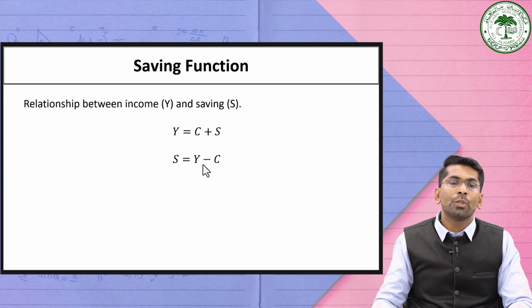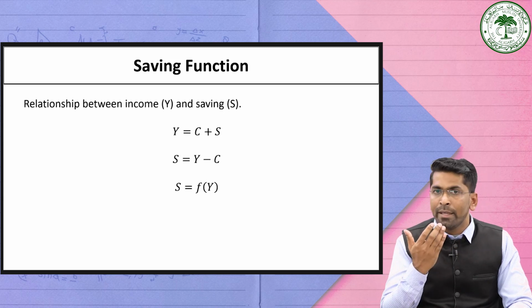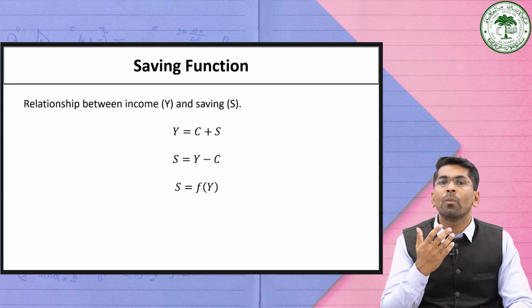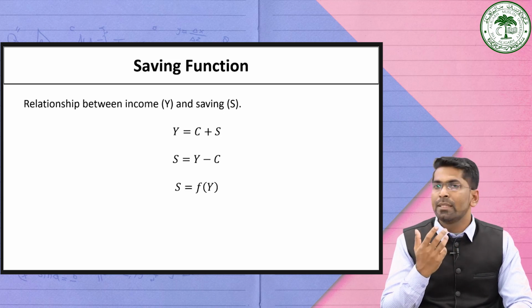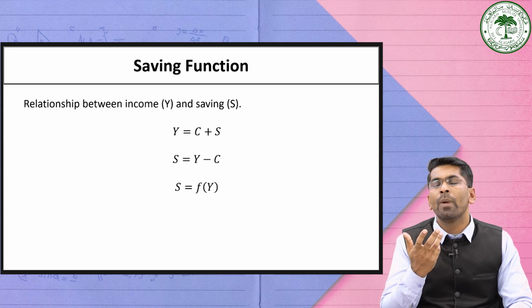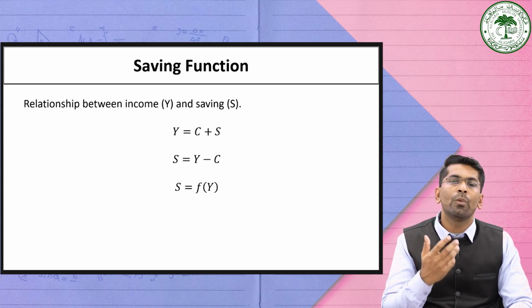So here also it shows that as your income or disposable income increases, your saving also increases. And that's why we say that saving is also a function of income. Similar to the consumption function, where consumption is a function of income, as your disposable income increases, the consumption is also going to increase.